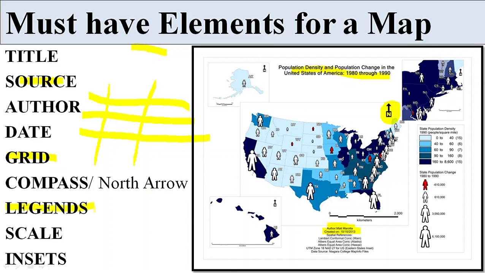Then we have legends. Legends are basically the symbols, or patterns, or colors, or lines that show the information about a map. Like here you can see there are different colors in boxes, and there is a description of them.